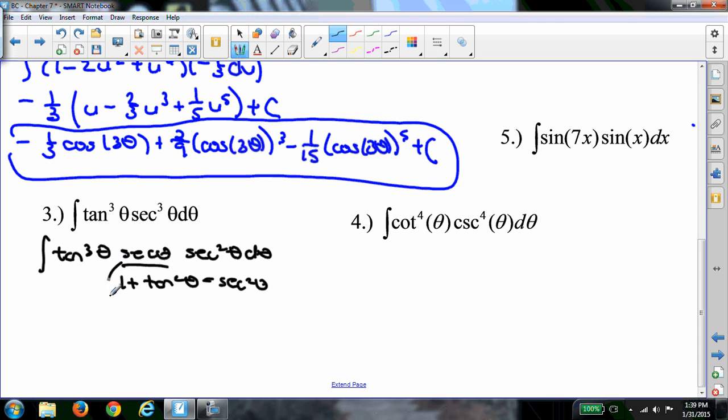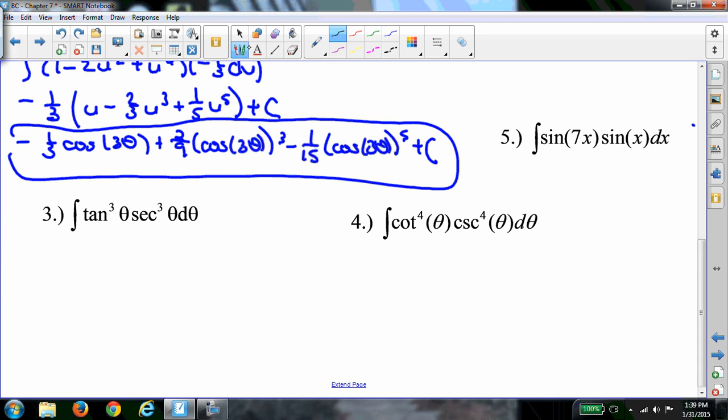So secant theta would have to be square root of 1 plus tangent squared, which is not easy to work with because you can't distribute into a square root. So instead, you want to try the other one, which is to put aside a secant theta tangent theta, and then rewrite the rest in terms of secants.